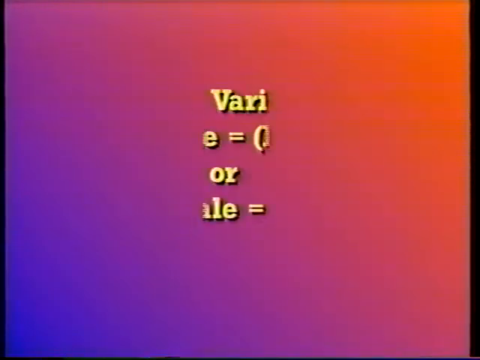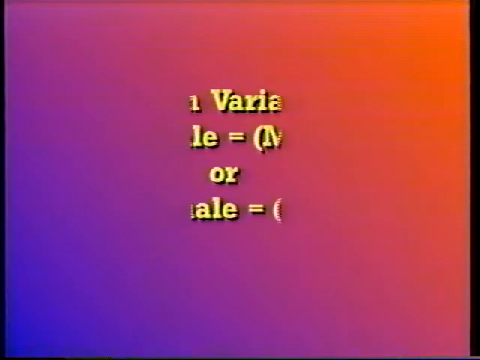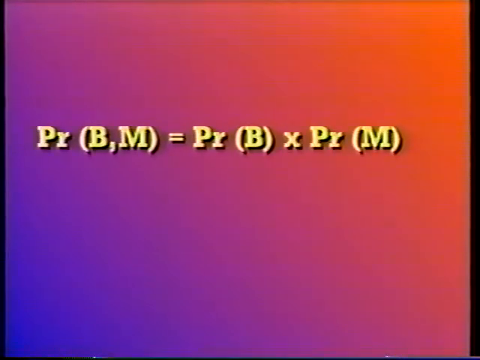Let y be the random variable representing student's gender, with the possible outcomes male or female, or M or F. If event 1 is defined when a student who is a business major was selected, and event 2 is defined as a male student being selected, we may want to know the probability of x equals B and y equals M. For convenience, this is written simply as a joint probability of B, comma, M. You can find the joint probability of two events by multiplying the probability of each event if and only if the two events are independent to each other.